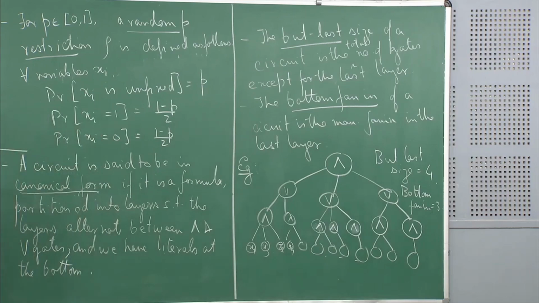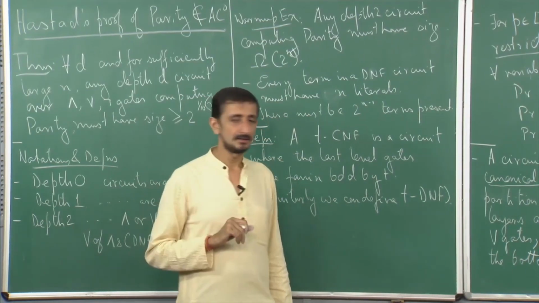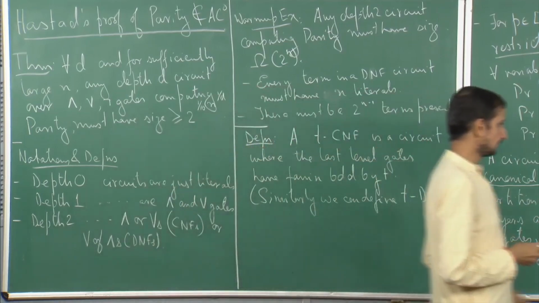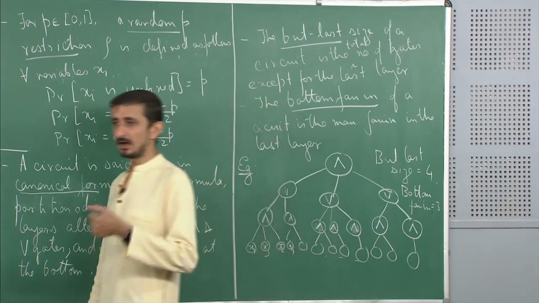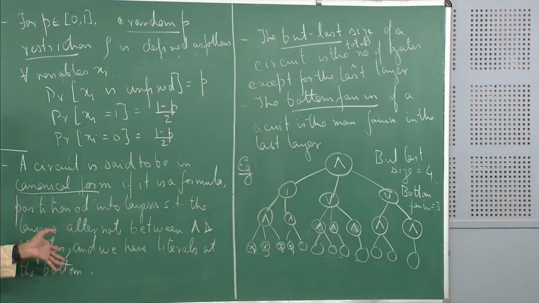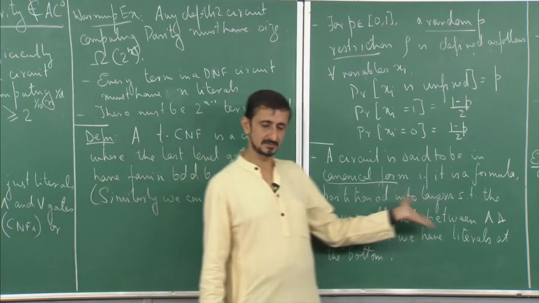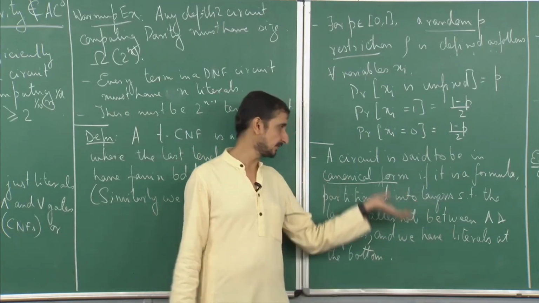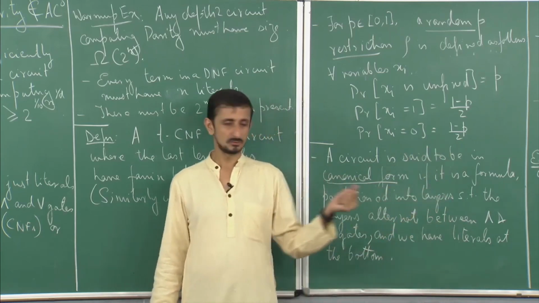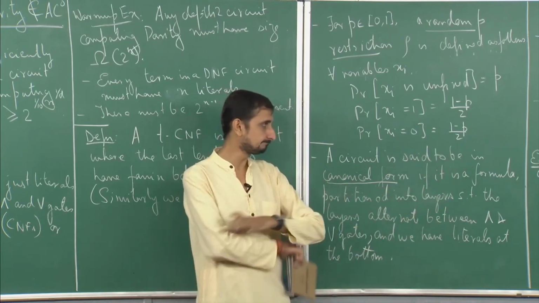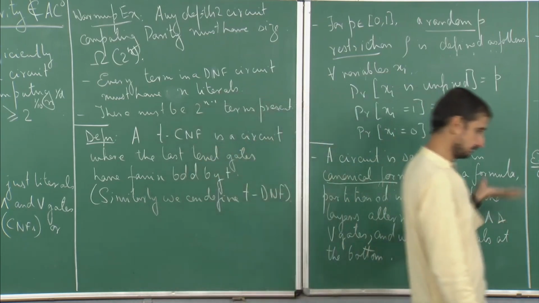That k will depend on d, but because d is constant for us, it will still be polynomial. This is also an exercise in Arora-Barak's textbook: how to convert a circuit into a layered circuit, and how to convert a circuit into a formula in this form, and how much the blow up is. You can try that, it is not very difficult.